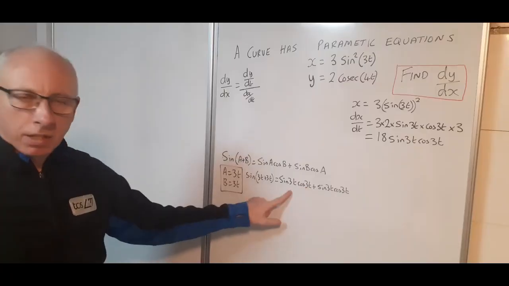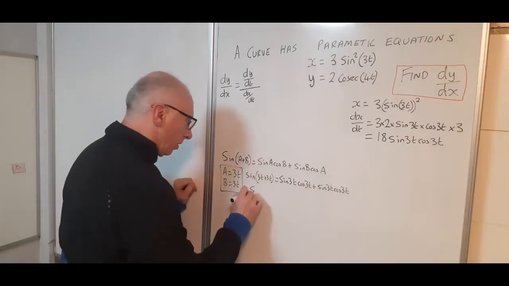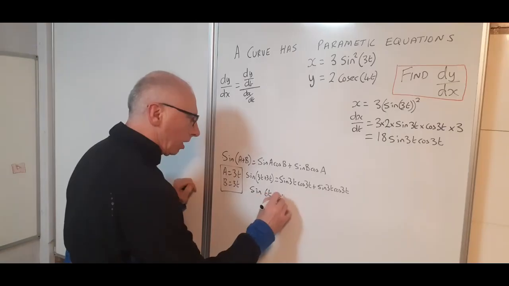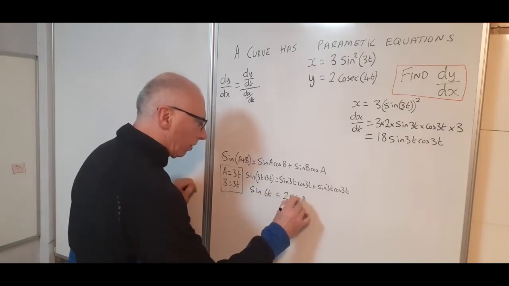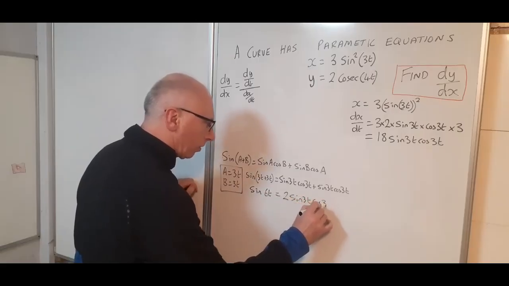You notice now that these are the same. So sine 6t equals 2 sine 3t cosine 3t.